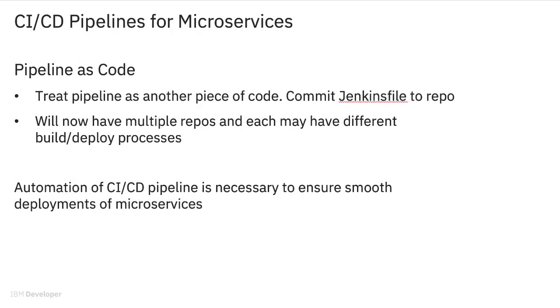And one of a few tips around what we're doing here and the examples that we're showing is that when you think of a microservices application, it's going to have individual components. Each component will have its own repository, and each component may have different requirements for build and deploy. For example, with a microservices architecture, I now have a polyglot style.